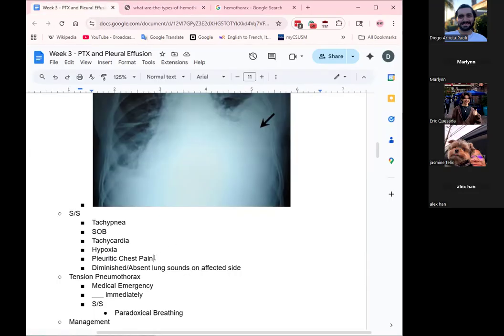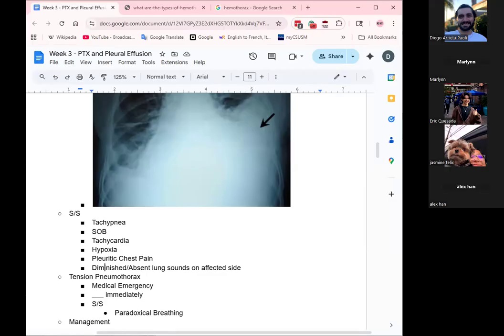And the reason I say some of this is vague is just because most of these symptoms can also be found in pneumonia and other respiratory conditions. So that's why it's kind of vague. This diminished or absent lung sounds is probably the one that sets it apart from pneumonia, other than pneumonia having sputum, like maybe bloody sputum, and things like that.